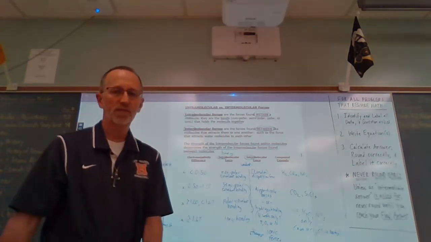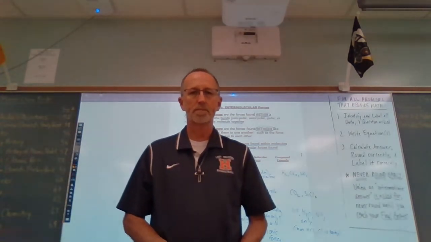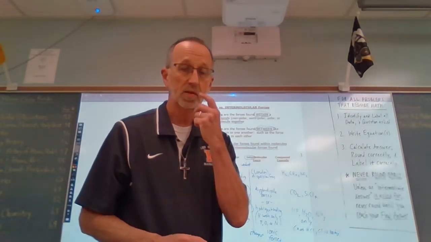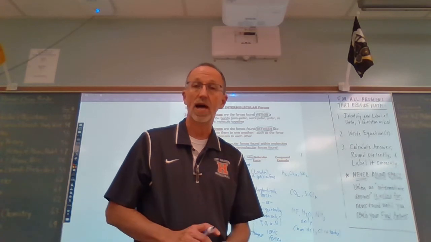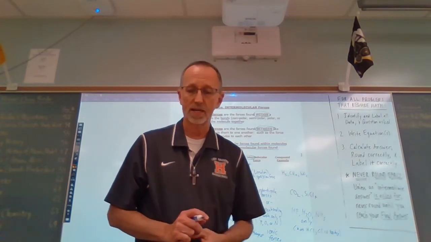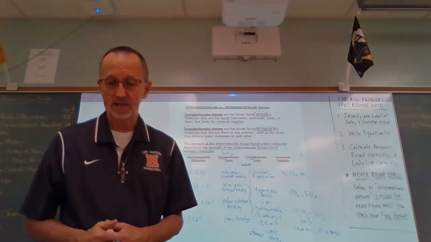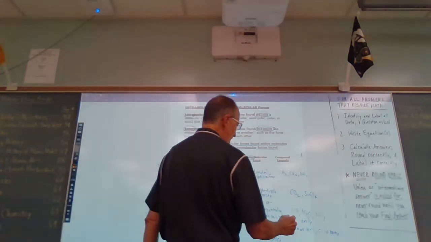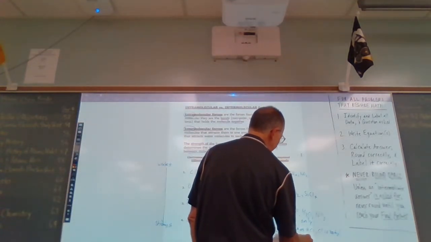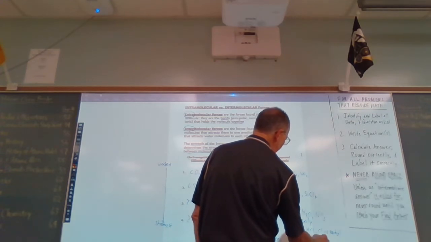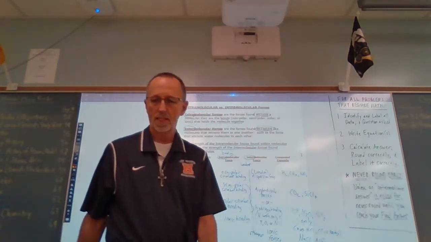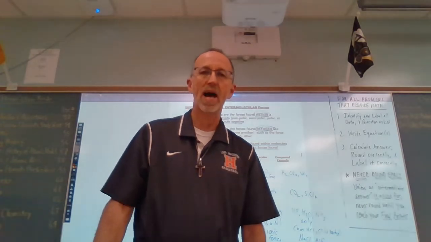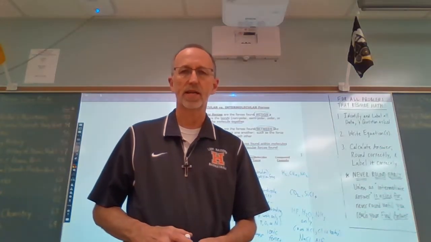So the intermolecular force that exists between compounds or molecules formed from ionic bonding is called an ionic force, all right? And so any compound that exhibits ionic bonding, such as NaCl, AlF3, and a host of others, would have ionic forces as their intermolecular force.